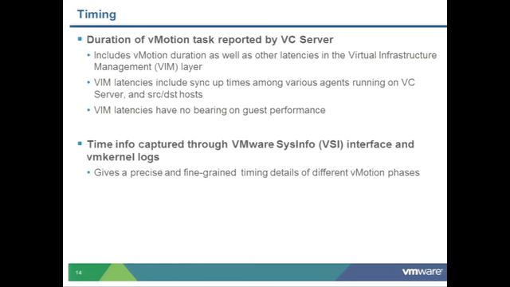And one more important thing is the time reported by the VC not only includes the actual time during which we complete the migration, but it also has various other management latencies. All these management latencies have absolutely no bearing on guest performance. So to get this precise information, we used the VMware sysinfo interface as well as the VMkernel logs.